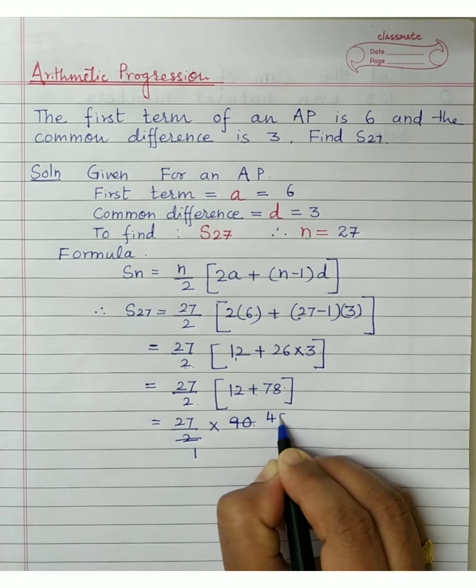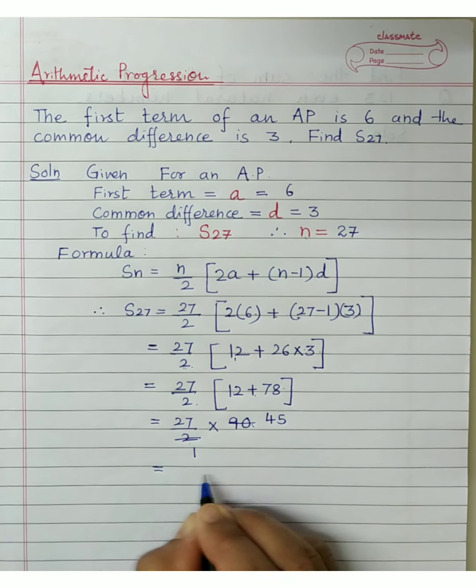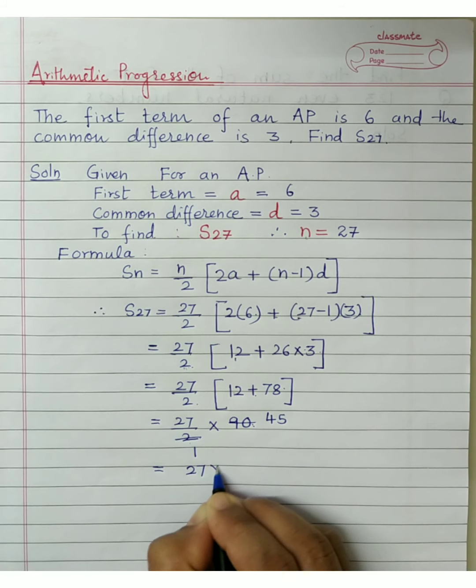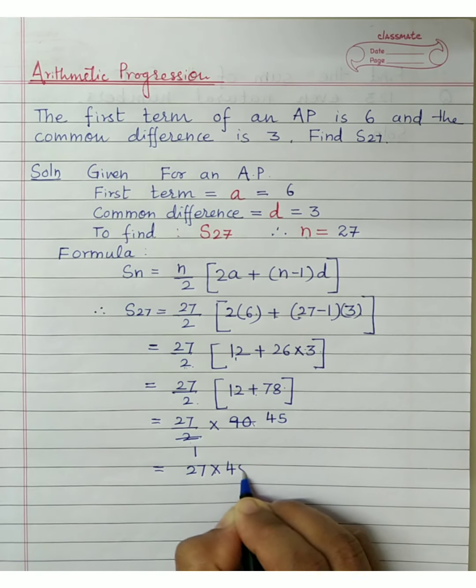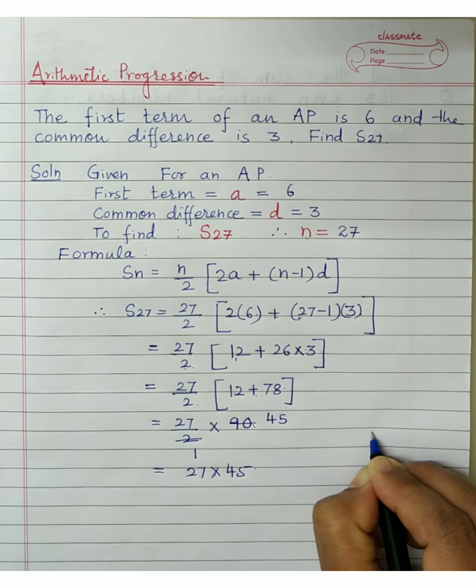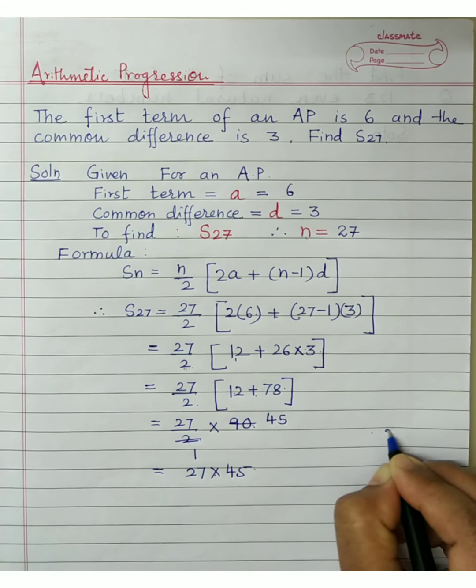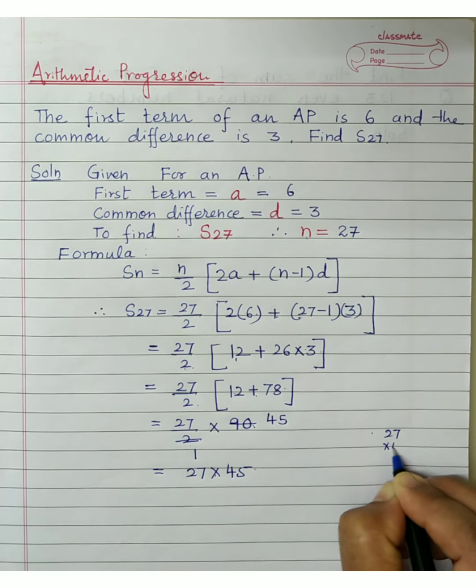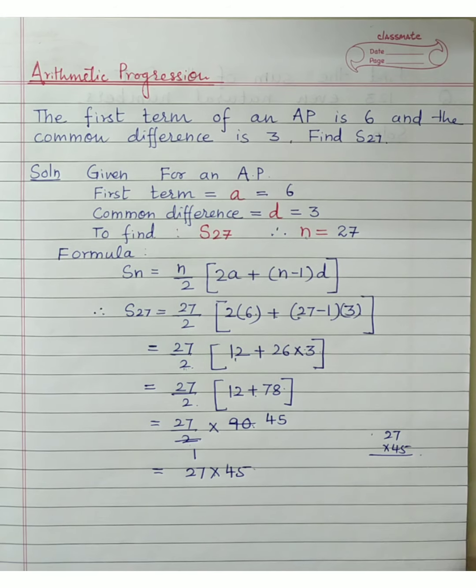So 2 and 90, 45 times. What is the answer? 27 multiplied by 45. So multiply 27 by 45. Okay.